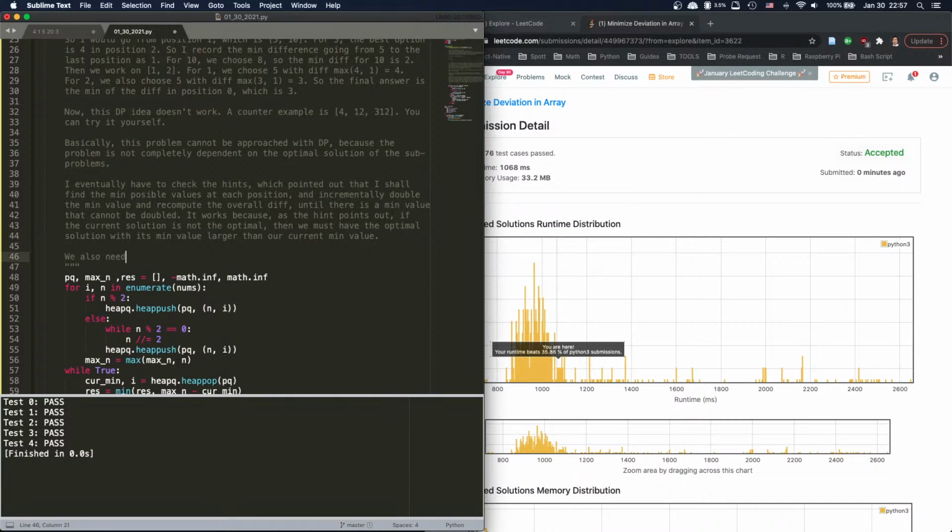We also need to use PQ to illustrate the searching of the min value.